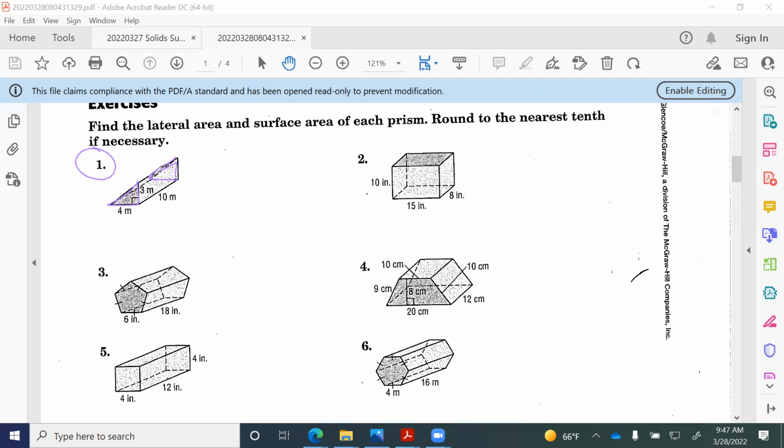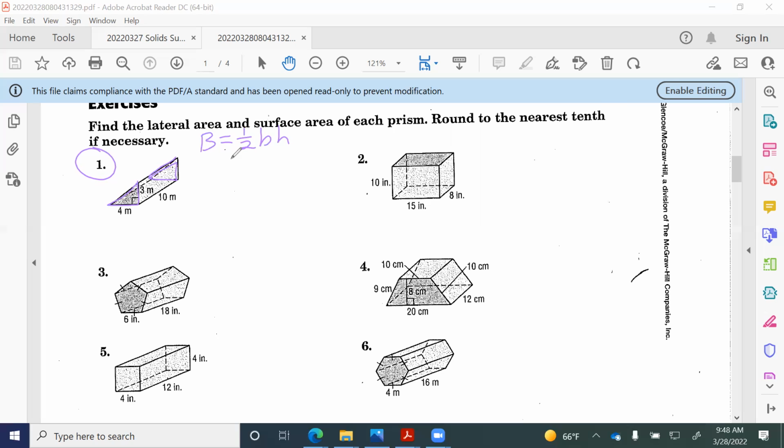Before we can do either of those 2 formulas, we need to know the area of the base. So on this one, since you said that my base was a triangle, what's my formula for finding area of a triangle? Half. Yeah, we need the half in it. So 1/2 base times height.